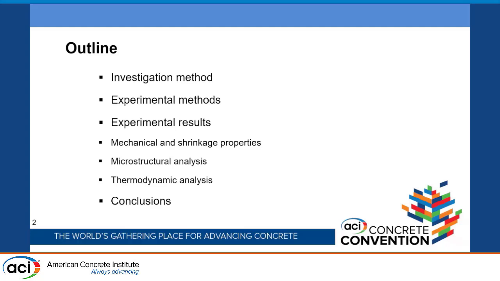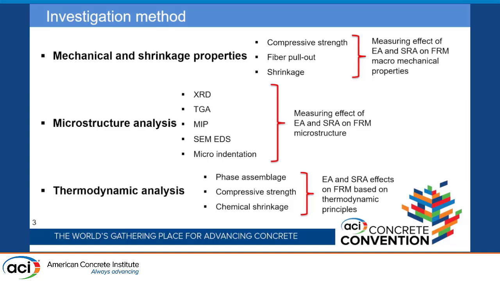Here you see the outline. I'm going to start with the investigation method. We'll talk about the experimental method, discuss the results, including mechanical and shrinkage properties, microstructural analysis, thermodynamic analysis, and finally we'll wrap up with some conclusions.